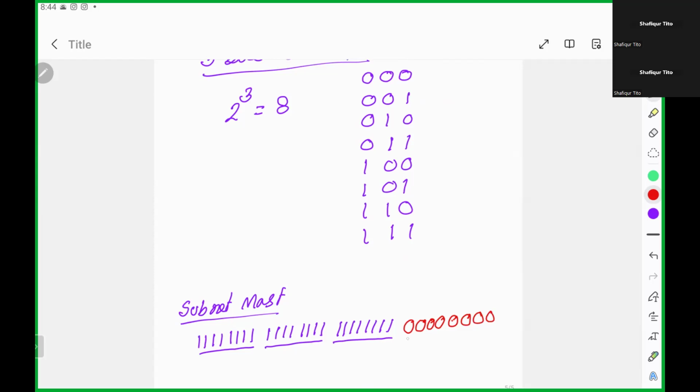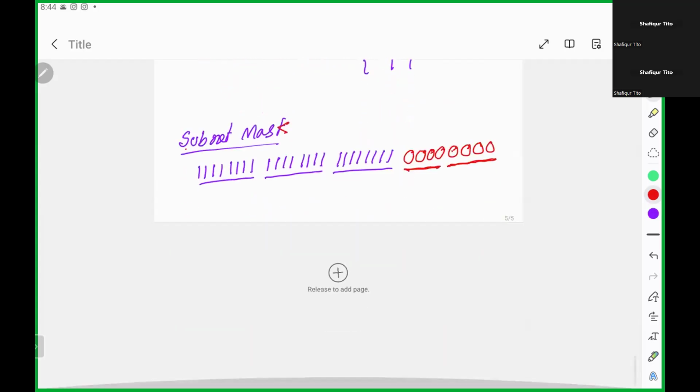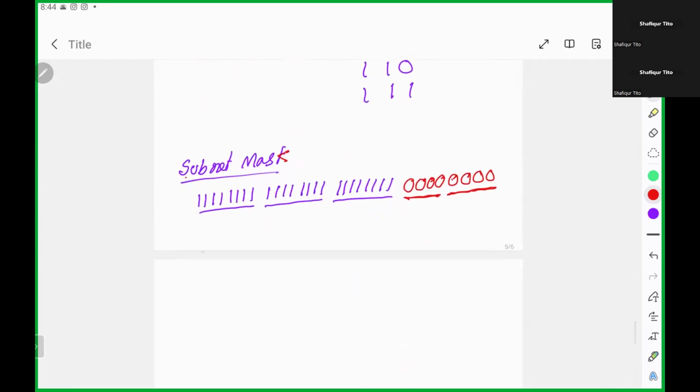Now you can easily think that if I use a host with this IP address having all zeros, it will conflict with the subnet mask that is used for identifying the network part, right? So this cannot be used with all 0 in the host.